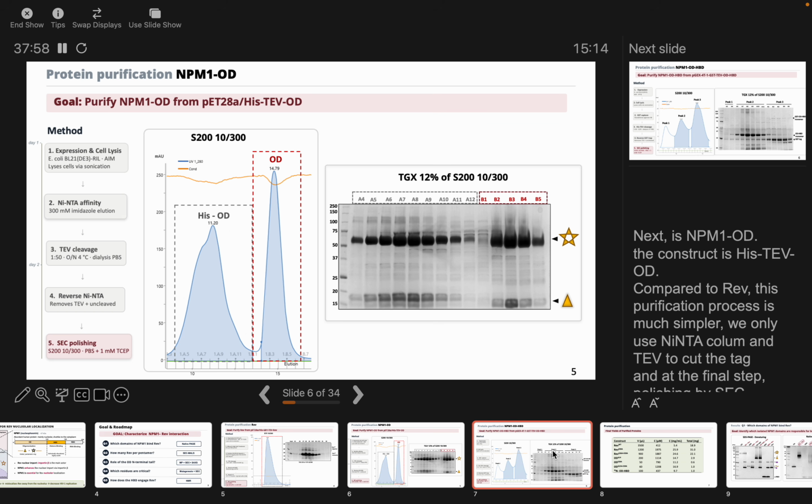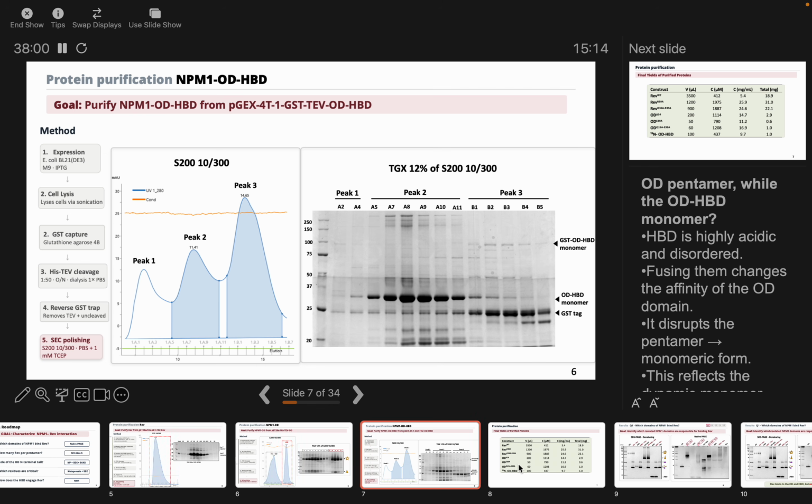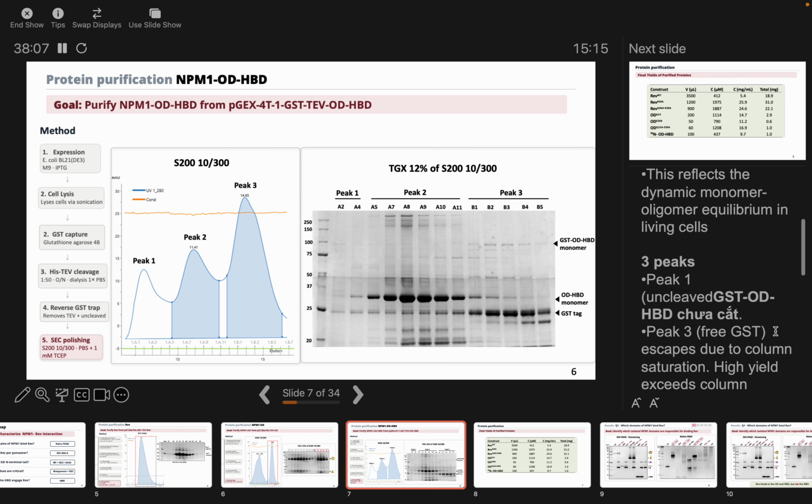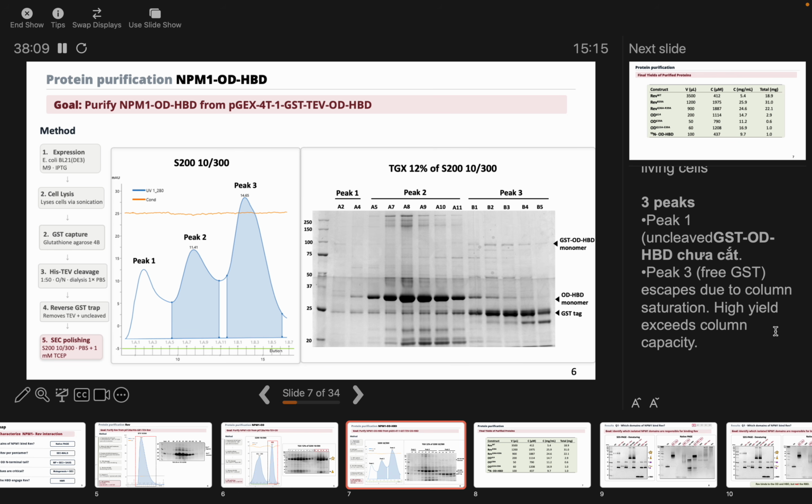Slides 5 and 6. Yeah. So here, it's the N15 labeled protein.